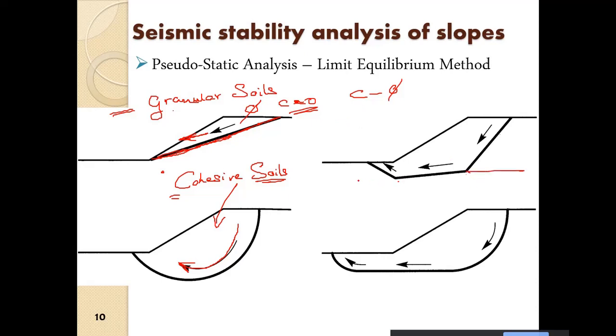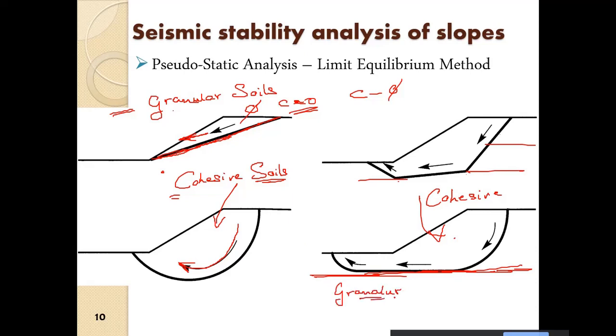That will give rise to discontinuous slip surfaces, or slip surfaces with different geometry. Here this particular soil is mostly cohesive, and here at the bottom we have a soil which is granular.